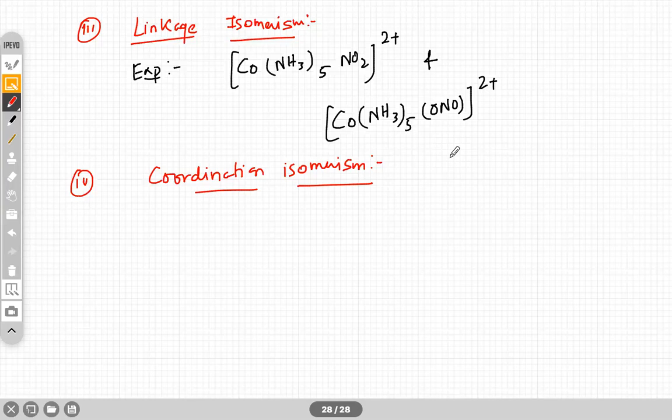And these isomers are obtained by the interchange of ligand in both ions.